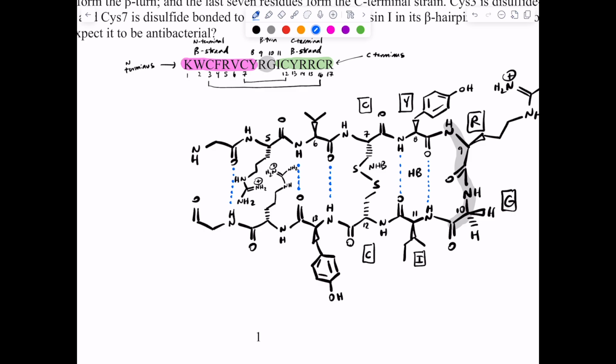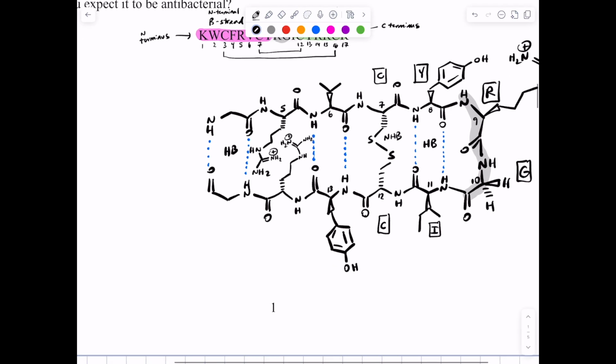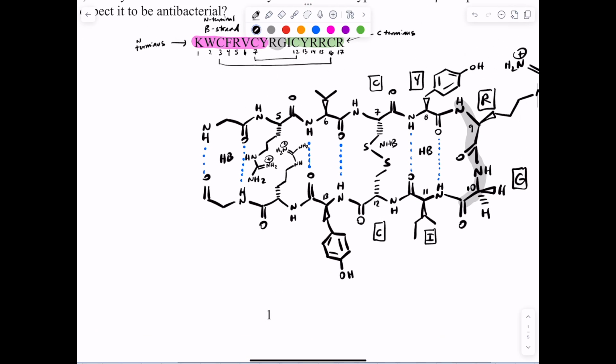Remember that a hydrogen-bound pair, they are reciprocally hydrogen bound to each other. The NH on one strand is hydrogen bound to the CO on the other, and vice versa. The CO on the one strand is hydrogen bound to the NH on the other.